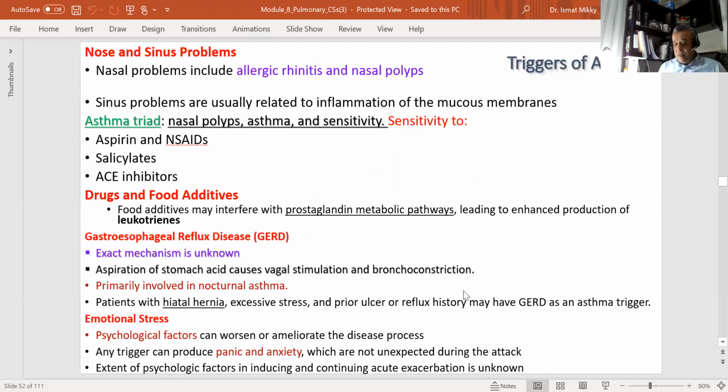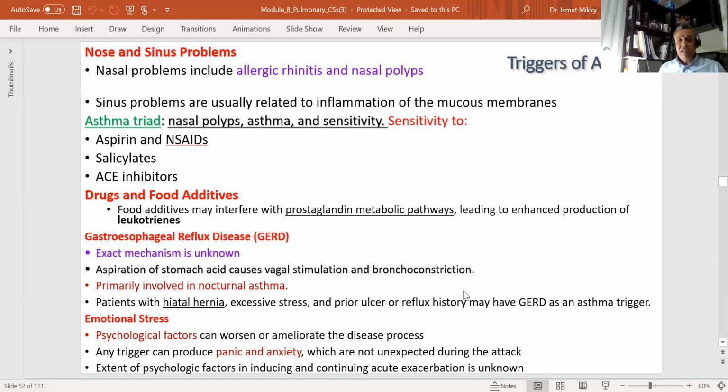Other triggering factors like the nasal and sinus problems, the large polyps.